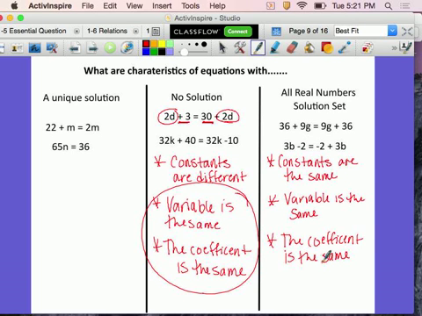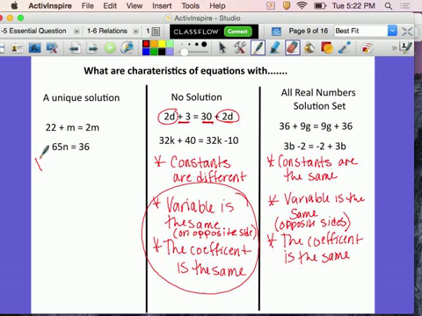You need to say it on opposite sides, because they're only going to cancel if they're opposite. They're the same but on opposite sides. So same thing, they're going to cancel, and this time since the constants are the same, you get a true statement.